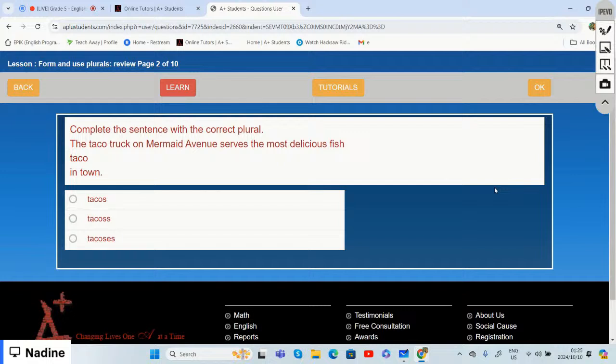All right, and if we were to choose the correct option, we would choose option one, tacos.